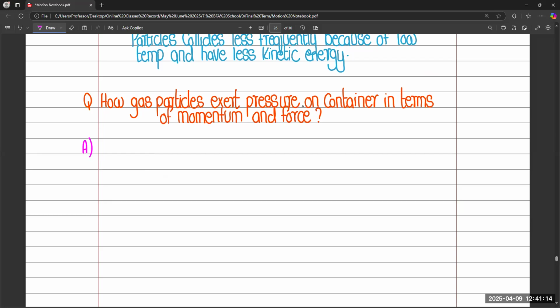So if we explain this idea, the answer can be defined as: let's suppose we increase the temperature of the gas.